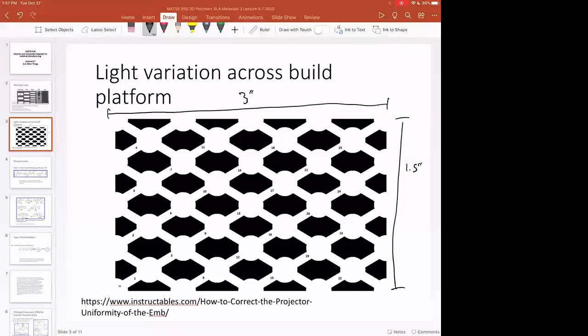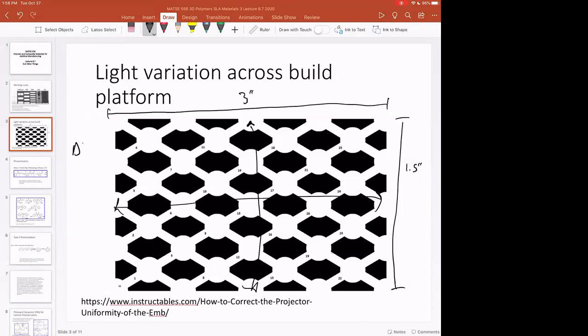Viper Pro is 2 feet by 3 feet or something like that. And the light intensity can vary across the build platform, either in a DLP setup or in a raster scanning setup.